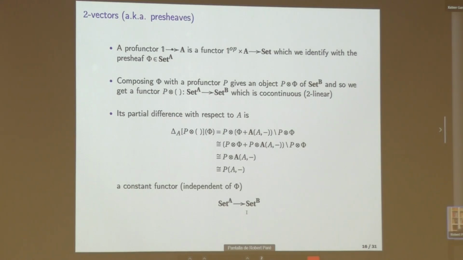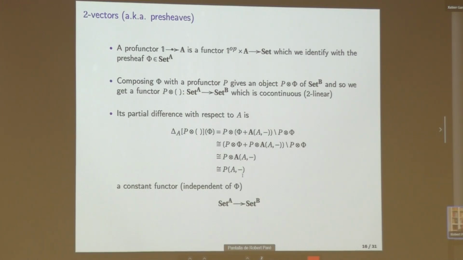Now we just calculate its partial difference, delta a of P tensor blank at phi. This is P tensor (phi plus Hom a) minus P tensor phi, and because P tensor blank preserves coproducts, we can break it down as in the second line here. Take away the P tensor phi, and we get P tensor Hom a, and then the identity relation for a says that this is just P evaluated at a.